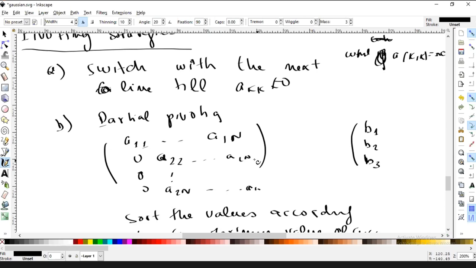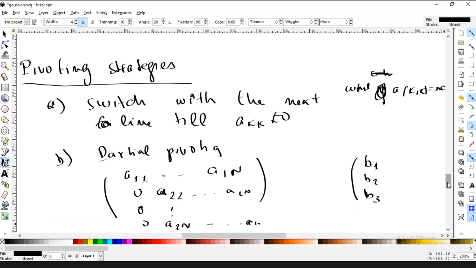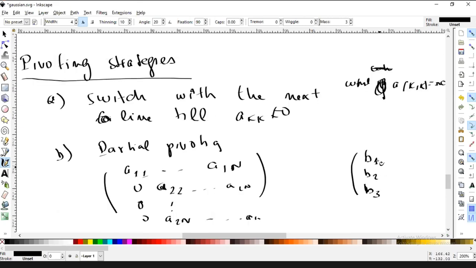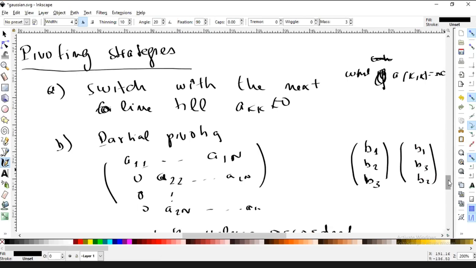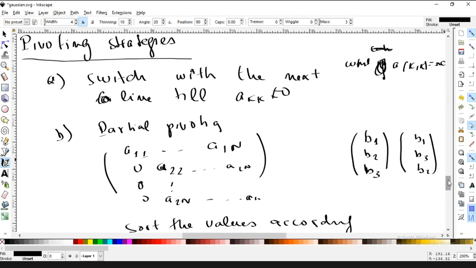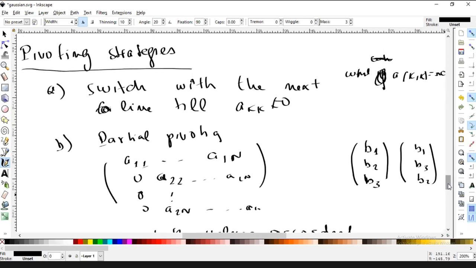We'll put this line at the position K. So in all the cases when you switch the lines, for example, if this is vector B, when you switch the lines 2 and 3, B2 becomes B3 and B3 becomes B2.